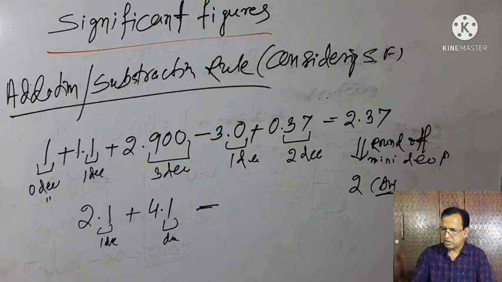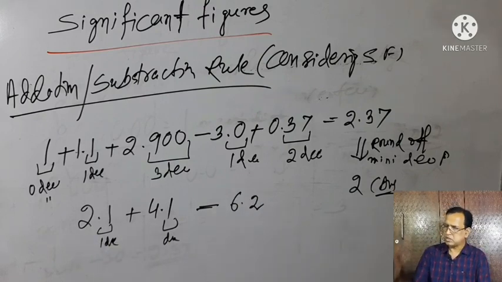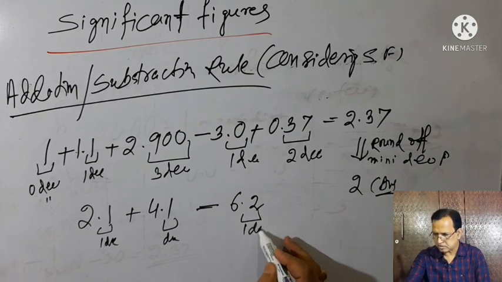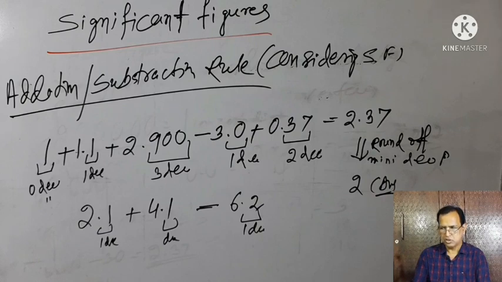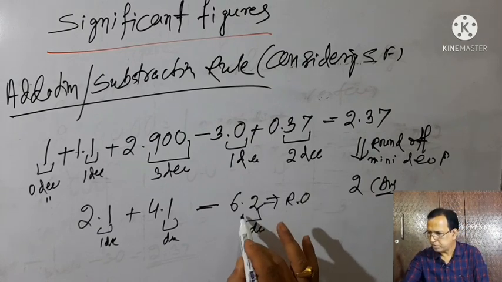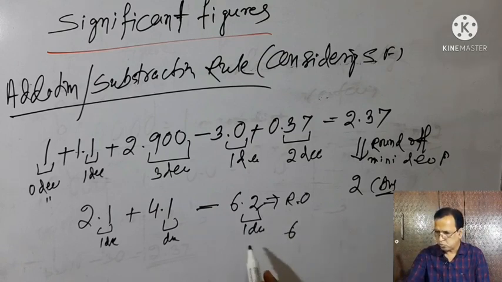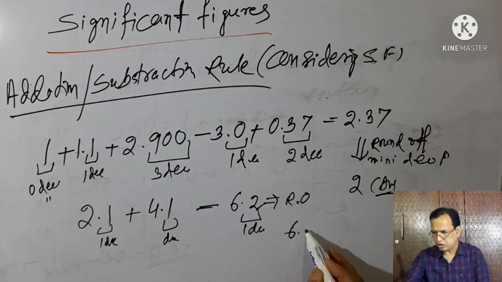Normal addition is 6.2, so it is also 1 decimal place. So after rounding off to the minimum decimal place, the answer is simply 1 decimal place, which means 6.2.